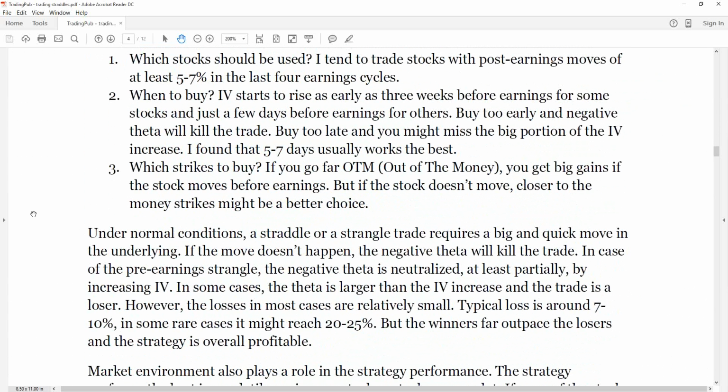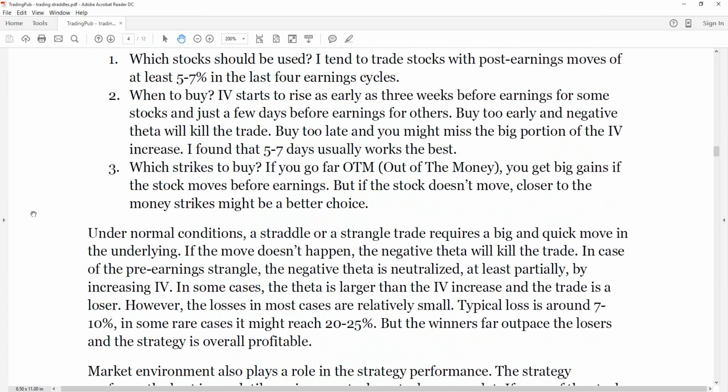Which strikes to buy? We usually prefer to buy a straddle, which means the same strike, and the strike is the closest to the current price. For some higher priced stocks, we might buy a strangle, which means, for example, if a stock is priced at $200, we might buy 210 calls and 190 puts.